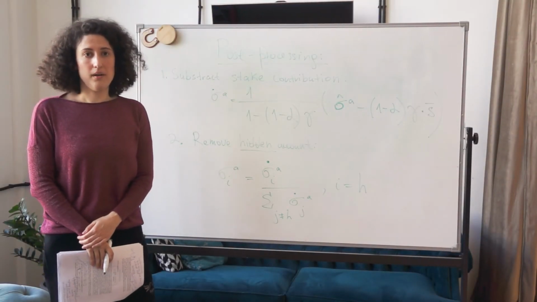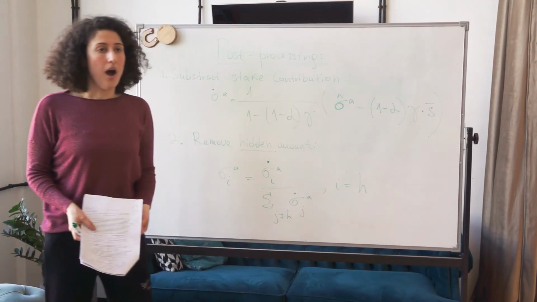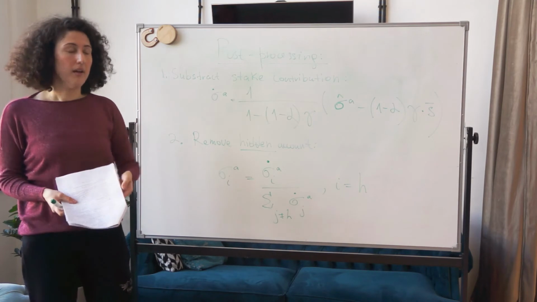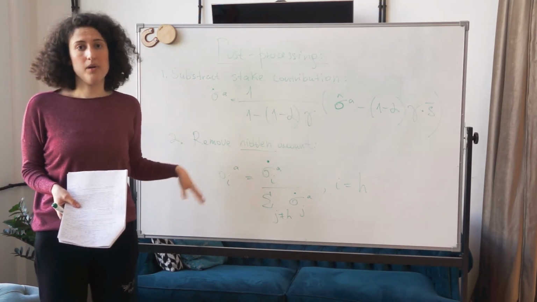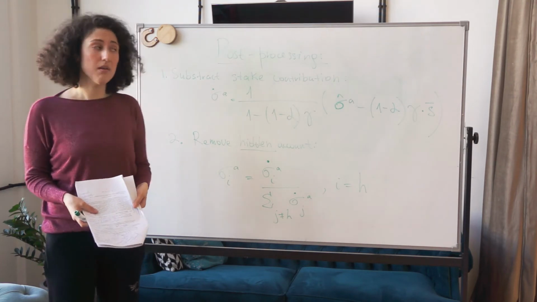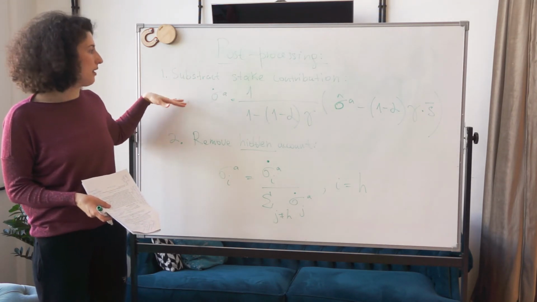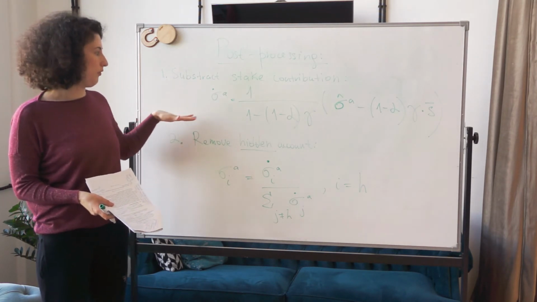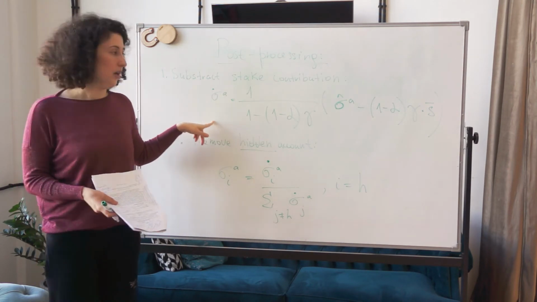Okay, so now we calculated our social activity rates using the PageRank. And we just have two post-processing steps that we need to perform to obtain the final rates. The first post-processing step is we want to subtract the stake contribution from the value of your social activity rate.